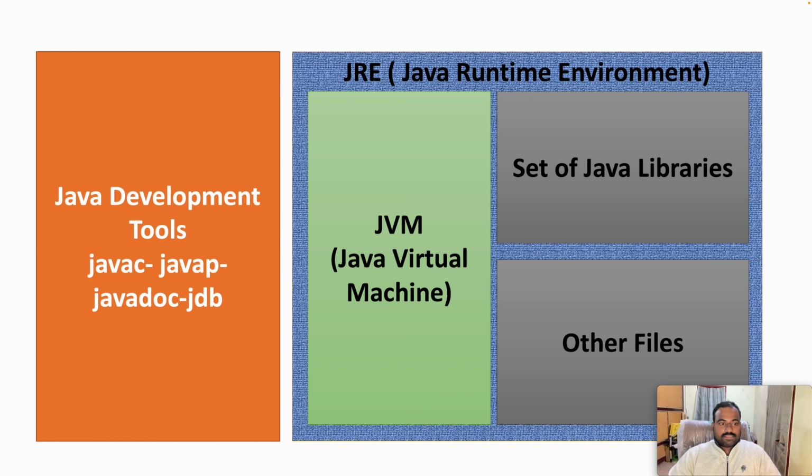Next we come to Java development tools. These are an additional part of the JRE, and with these commands or libraries we can monitor what the JVM is performing, or we can debug our programs. They are mostly used for development purposes, where we can compile the code and see if there are any failures, in our Eclipse or IntelliJ IDE, whichever we are using.